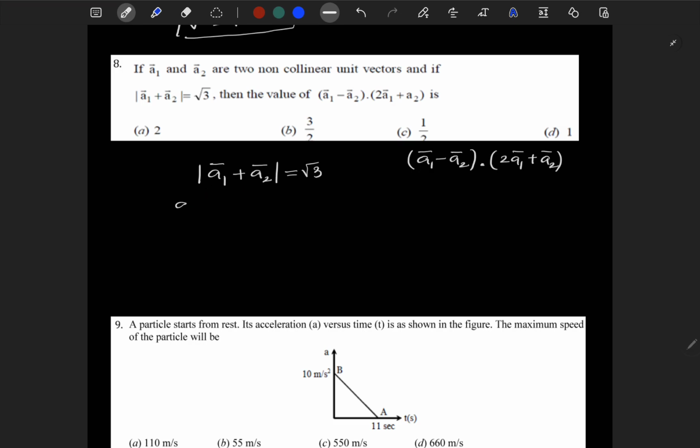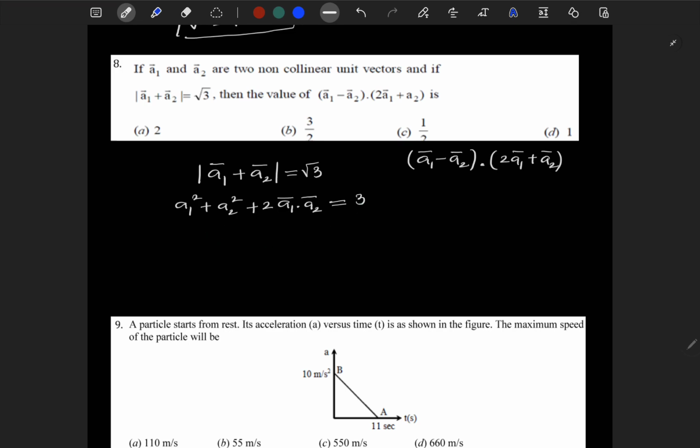The magnitude of this is like a1 square plus a2 square plus 2a1 a2 cos theta, but instead of a1 a2 cos theta, I can write it as a1 bar dot a2 bar. I hope you understand this. We know that dot product of two vectors is a bar dot b bar, which is ab cos theta. So I'm writing it as a1 bar dot a2 bar, which is same as a1 a2 cos theta, is equal to, this is magnitude, and actually the square of magnitude, because you have a root here, so which can be equal to 3.